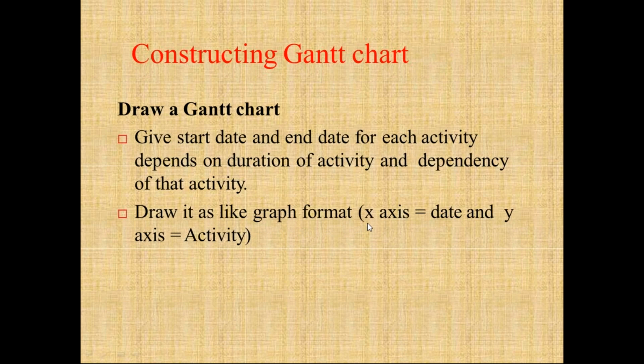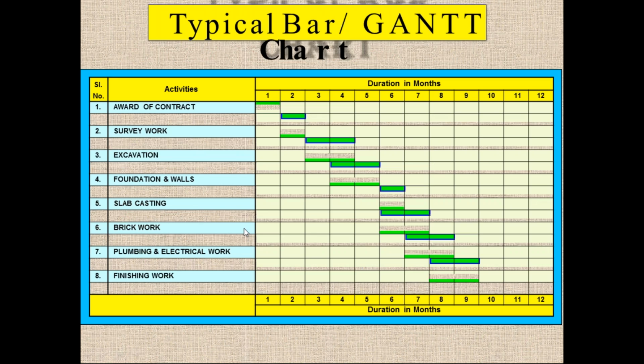On the graph, the x-axis will represent the date or time and the y-axis will represent the activity. So this is a typical bar chart or Gantt chart. Here we can see a number of activities. Suppose there are 8 activities. The first activity is the award of contract.